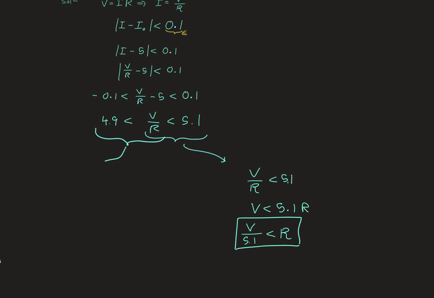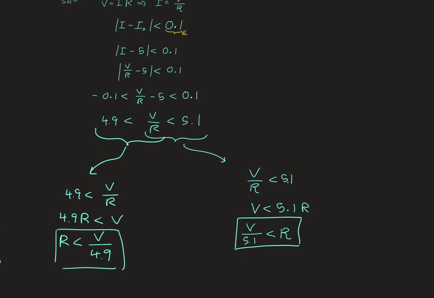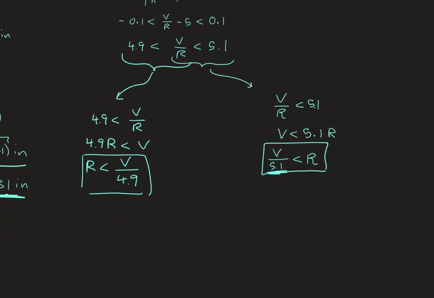We also would have, from this guy, 4.9 is less than V over R. Multiply both sides by R. 4.9 R is less than V, which tells us that R must be less than V over 4.9. All right, so this gives us an upper bound for R, and this gives us a lower bound for R, and that gives us that V over 5.1 is less than R, and that's from this right here. And then we also have that R is less than V over 4.9.